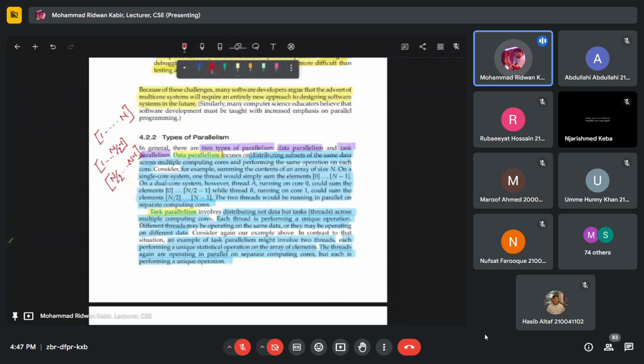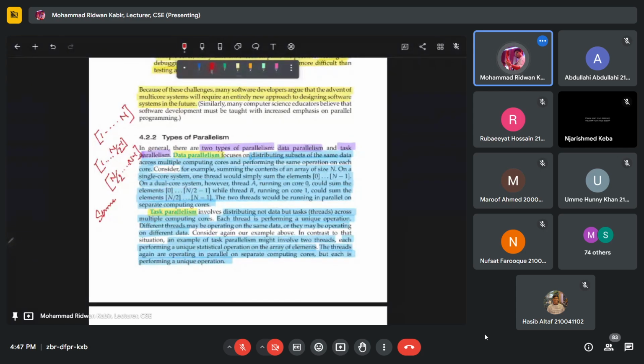Okay, so whenever you divide your data into subsets, and the threads that you are dividing this data into have to perform the same operation on these two subsets of the data, whenever you can allow that, you have ensured data parallelism, and these two threads would be running on two separate computing cores, since we're talking about parallelism.